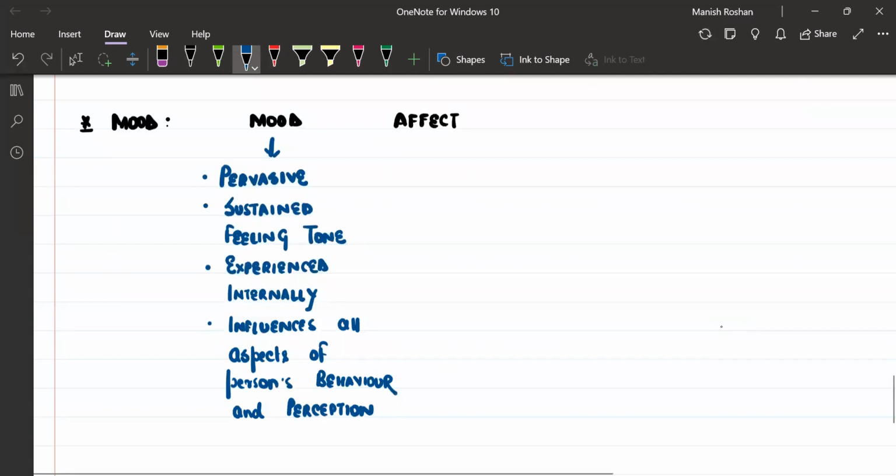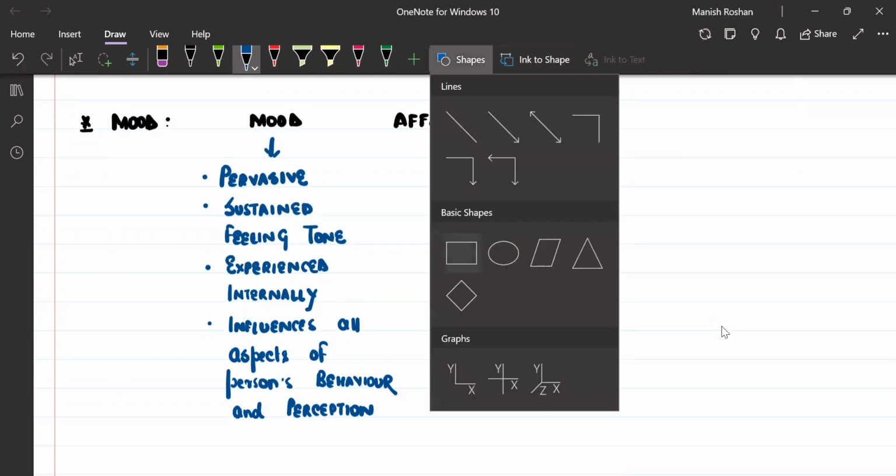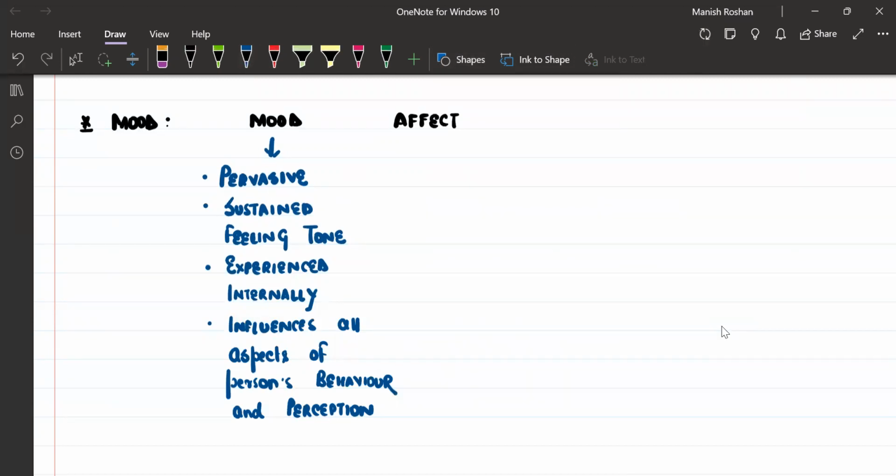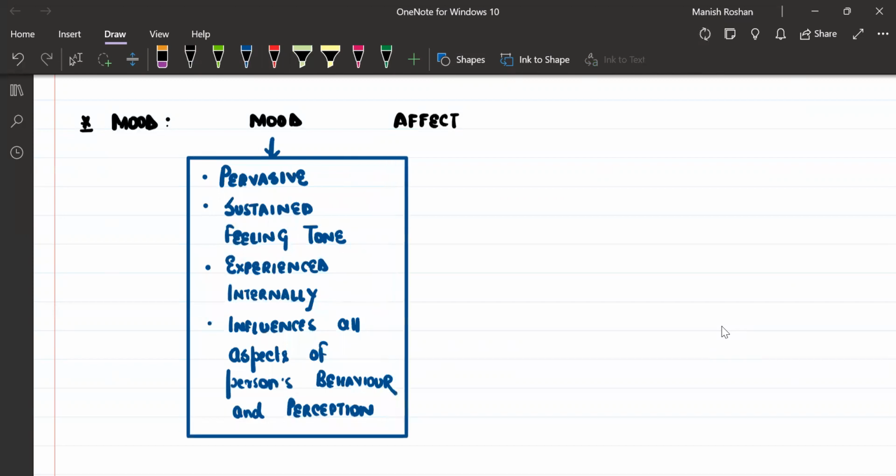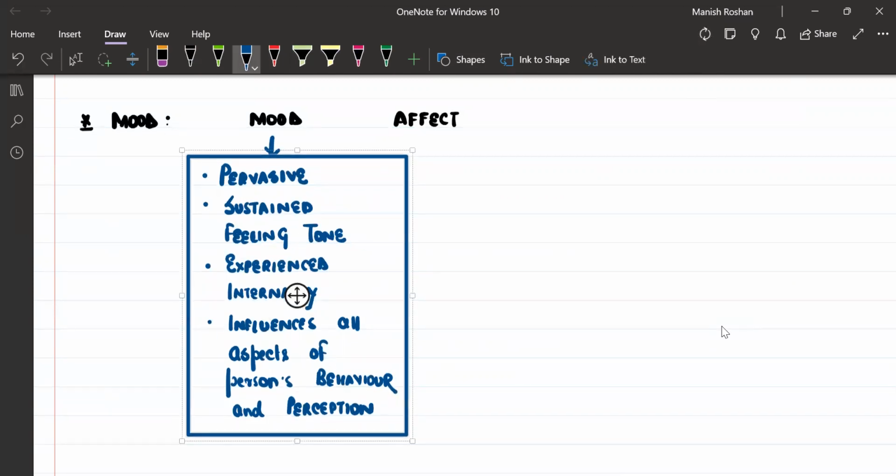So this is the complete definition. That is, it is a pervasive, sustained feeling tone that is being experienced internally, and it influences all the aspects of a person's behavior and perception.